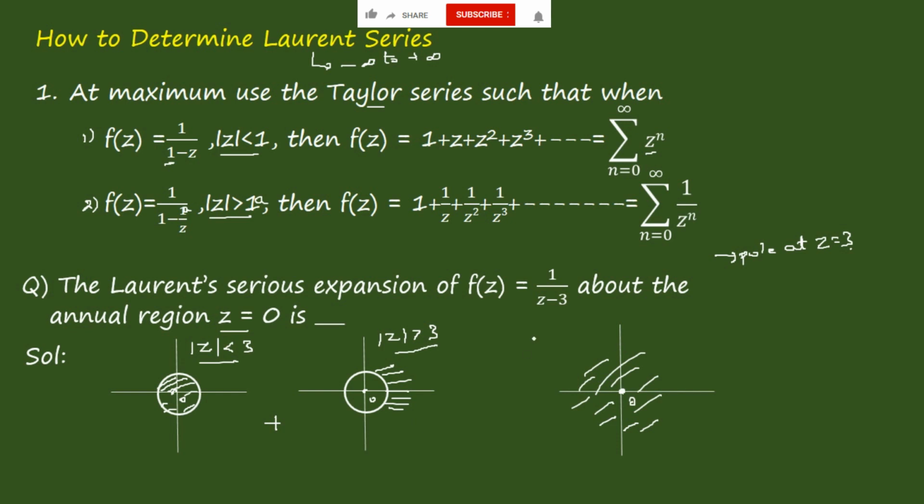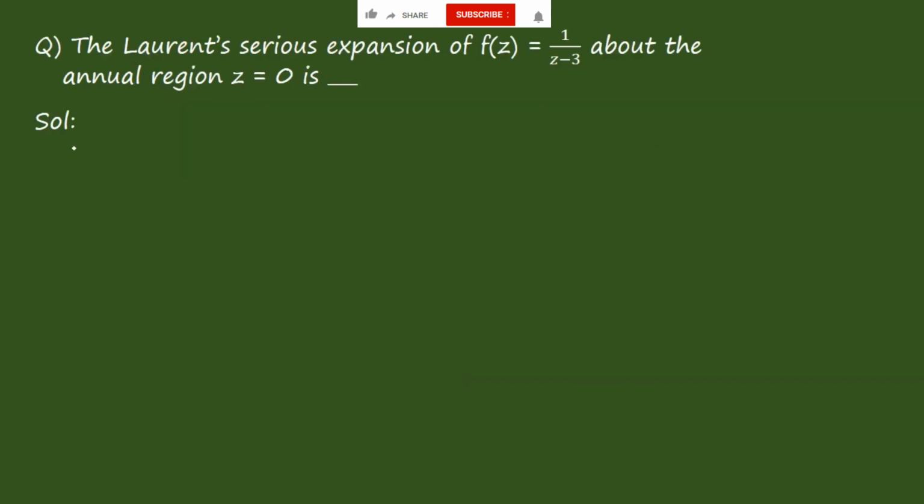So let us start. Now come to the Laurent series, the same function f of z equal to 1 by z minus 3. So we can say that there is a simple pole at z equal to 3. So first find the value for mod z less than 3 using a Taylor series, and add it with mod z greater than 3 using a Taylor series.